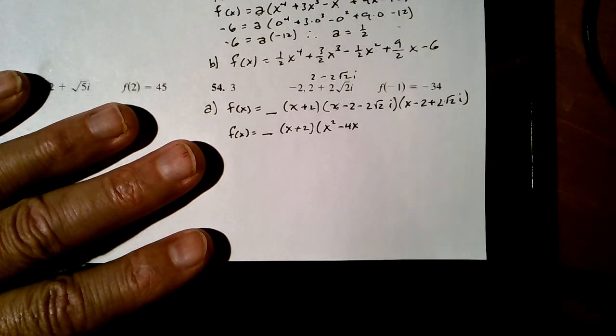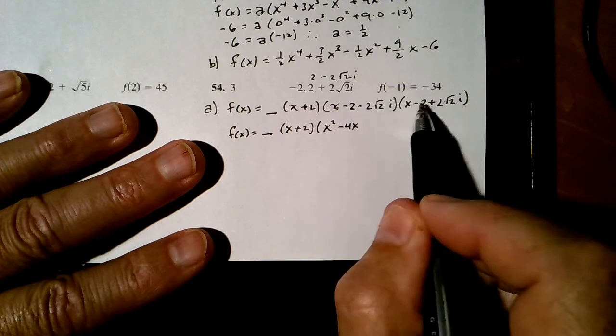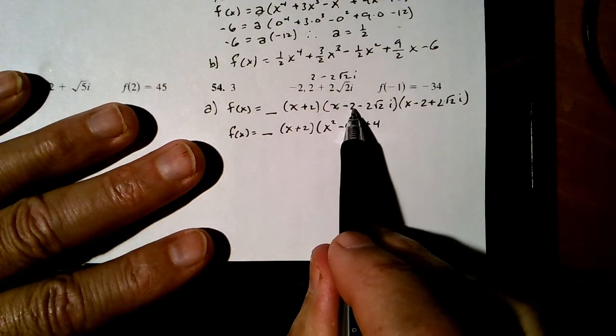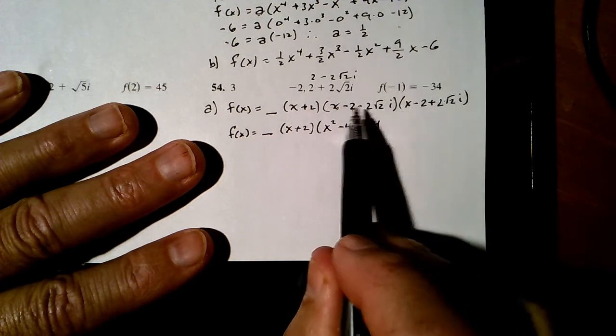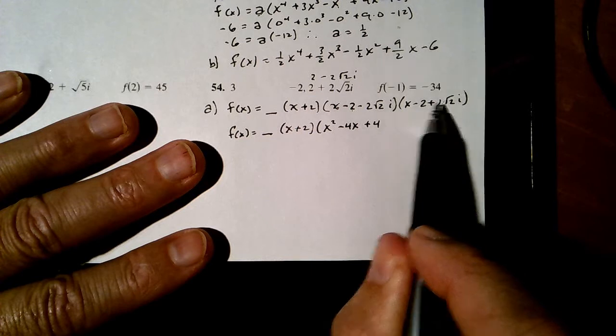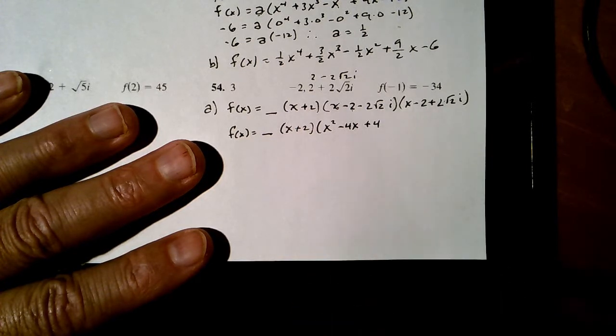That's nice, done with the x's. The real part times the real part, minus 2 plus 4. The real and the imaginary, minus 4 square root of 2i, but plus 4 square root of 2i. That little conjugate's really helpful here.